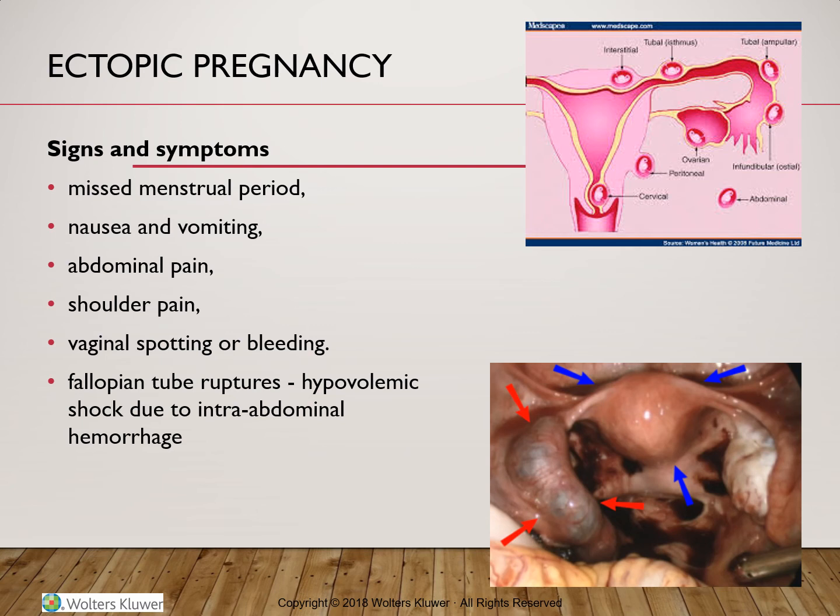They will also let you know about breast tenderness, nausea, and vomiting. Very rarely, the woman may present with late signs such as shoulder pain or hypovolemic shock when one of those tubal pregnancies will rupture and there will be bleeding inside the abdominal cavity.